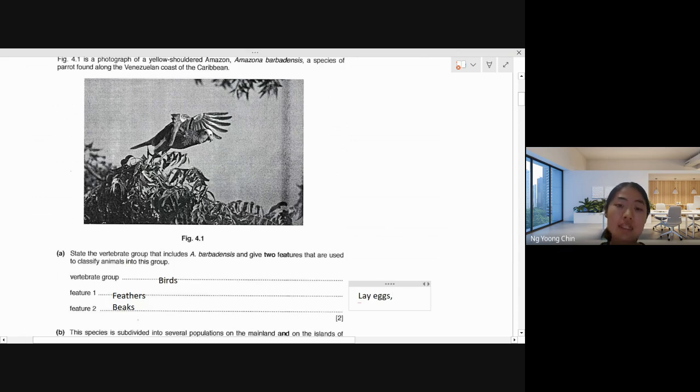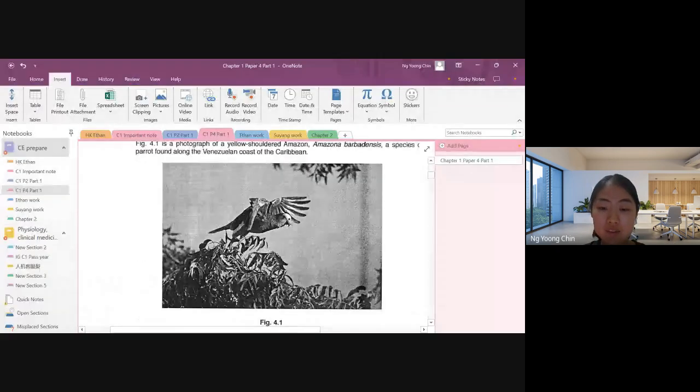And then they have scaly legs. Actually, all birds' legs contain scales, just like the fish. The body of the fish has a lot of scales, right? Maybe I can show you the picture.